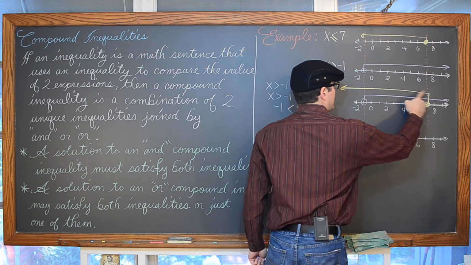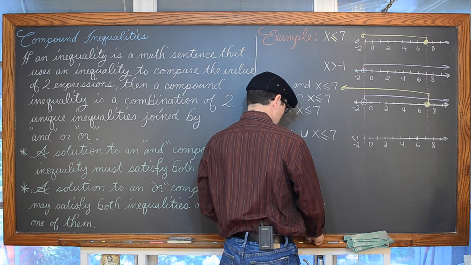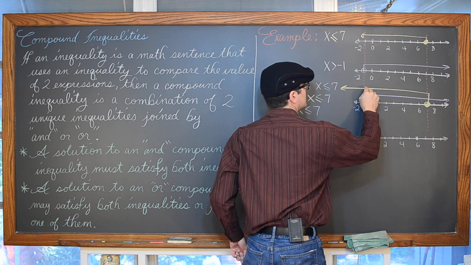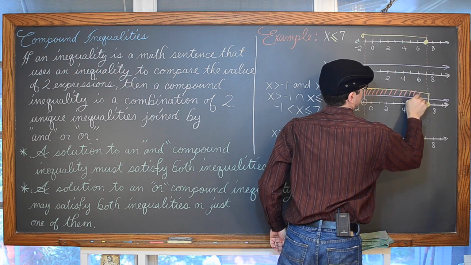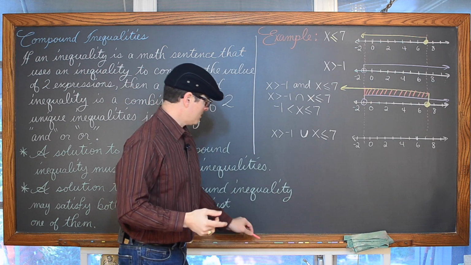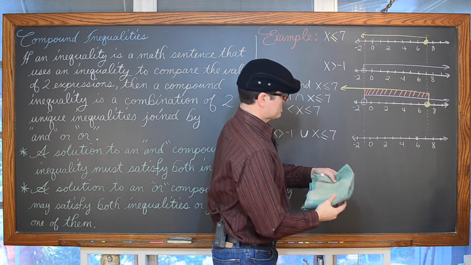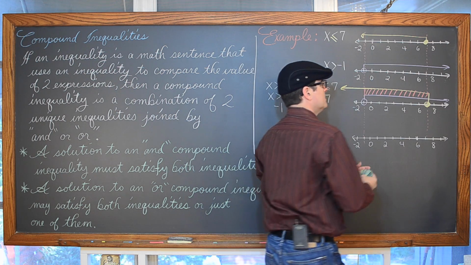And then because the and has to be a solution to both, you're really only concerned with the overlap of those two shadings.